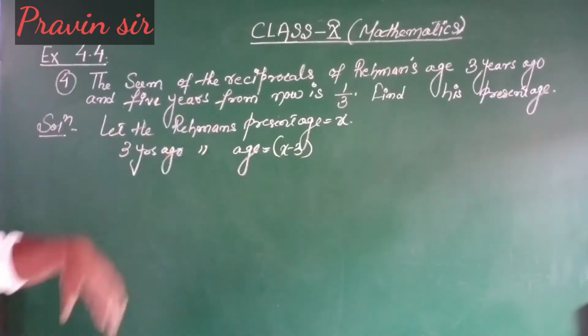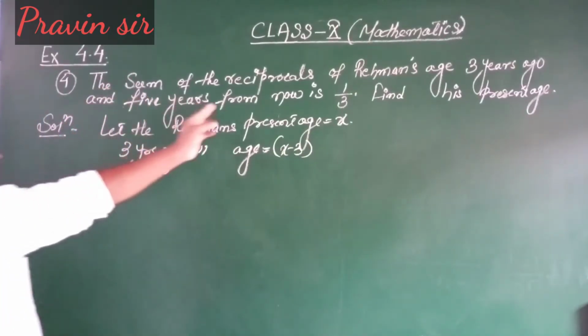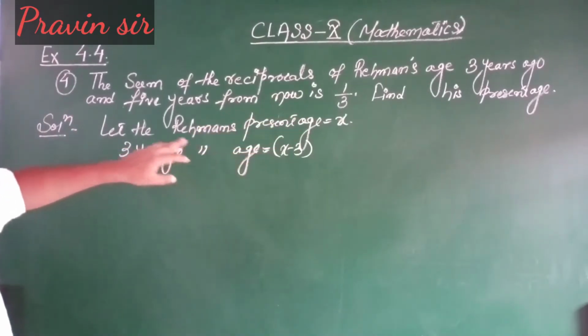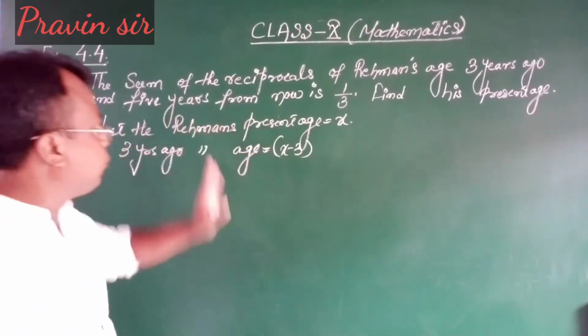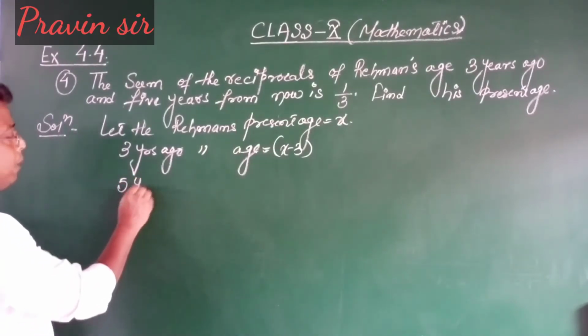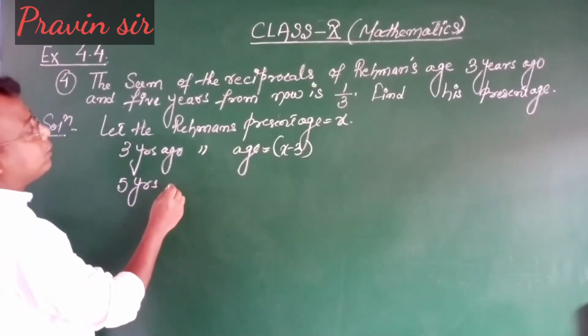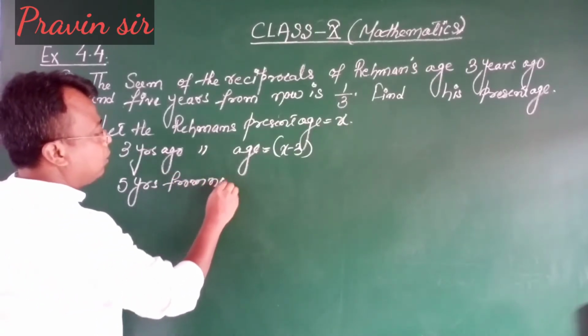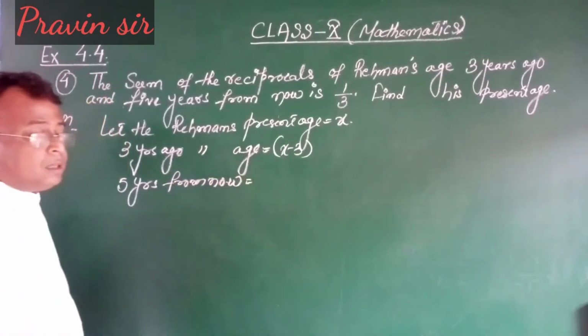Again, what does the second condition say? 5 years from now, what will be Rahman's age?